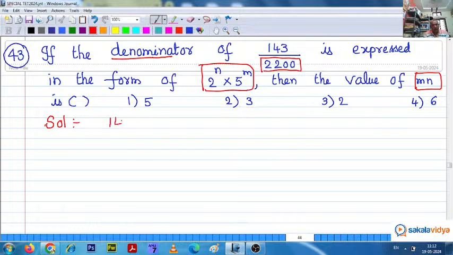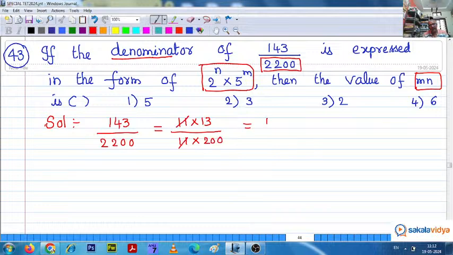So 143 by 2200. So my dear students, 143 we can write 11 into 13 upon this is 11 into 200, 11 gets cancelled. This is 13 by 200.